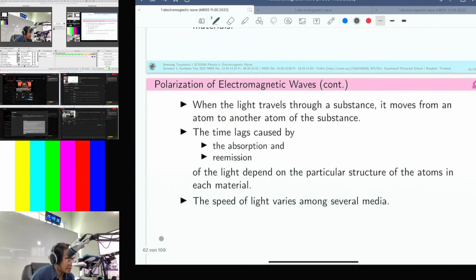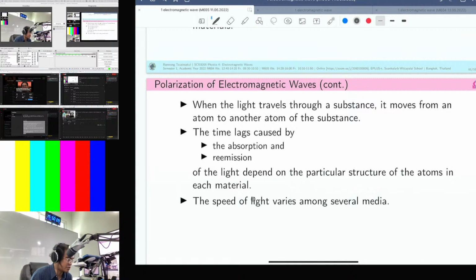The speed of the light will vary among several media because if you look into the micro scale, the light will propagate to hit that atom, and that atom will absorb the energy, and then release the energy. How much energy the atom will absorb, and how long the atom will take to release the energy, depend on the material.